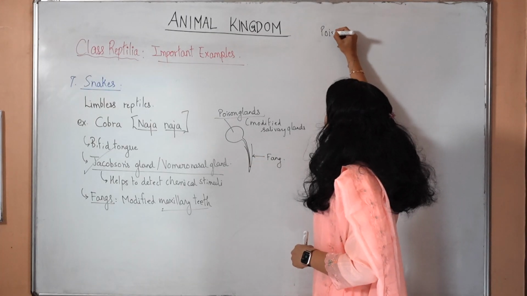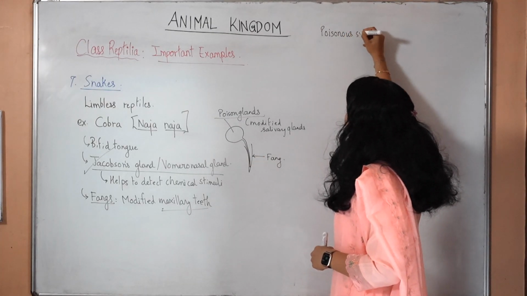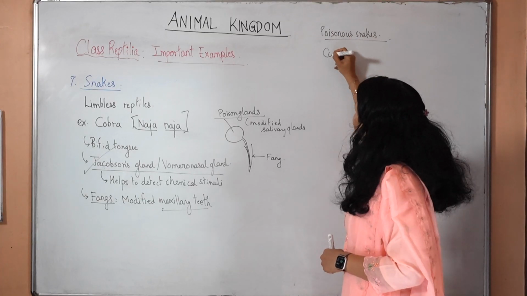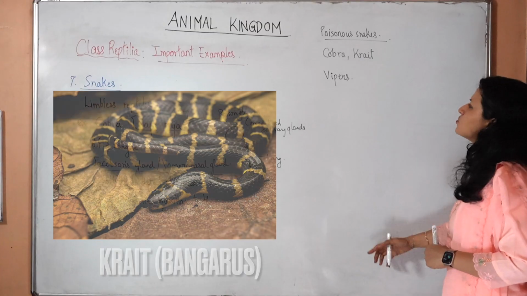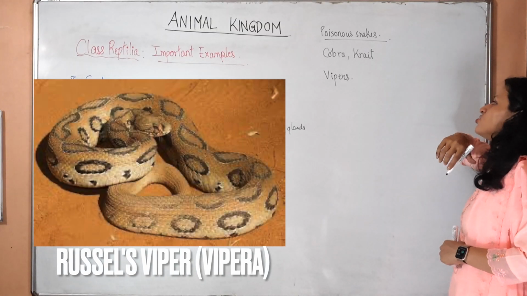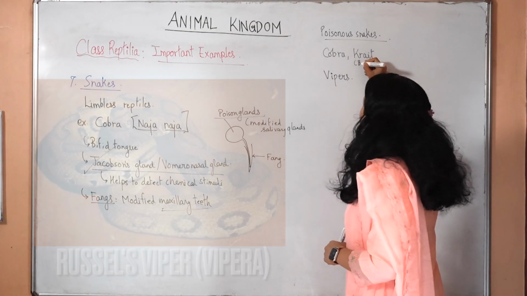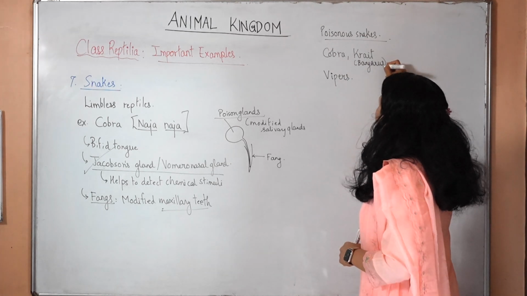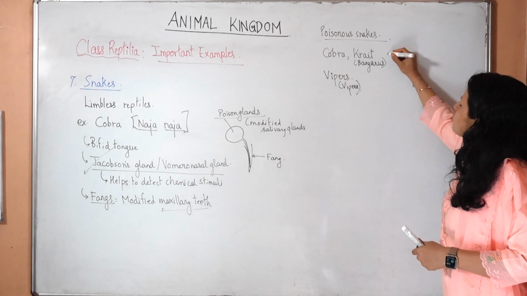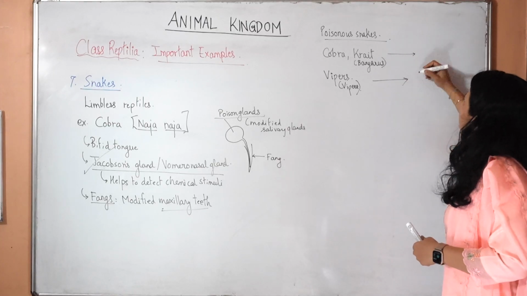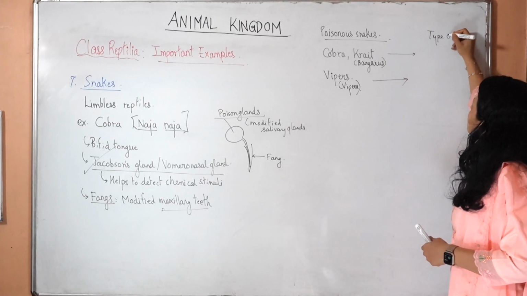We have different types of poisonous snakes. Apart from the cobra, there is krait, then there are vipers, each one belonging to different family and genus. The krait belongs to the genus Bungarus, and vipers belong to Vipera. Cobra belongs to Naja. There is a slight difference in the type of toxin that is being produced.